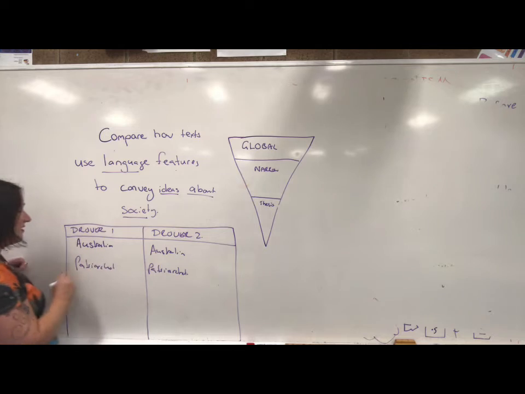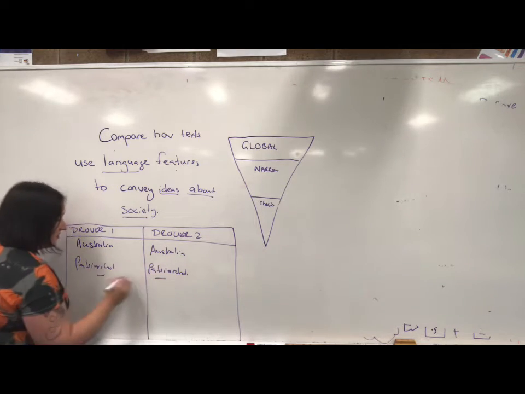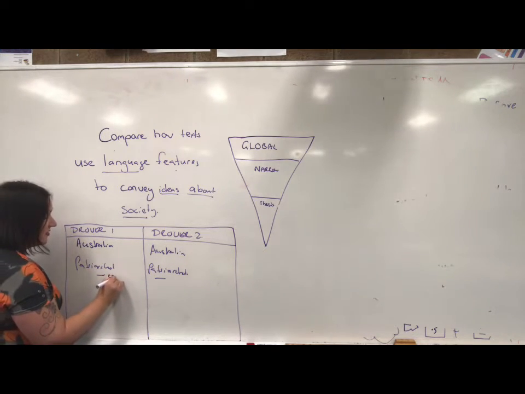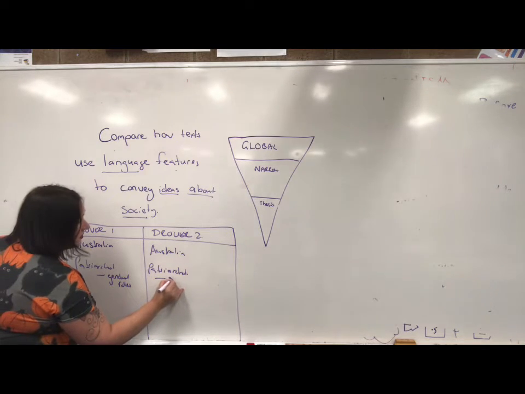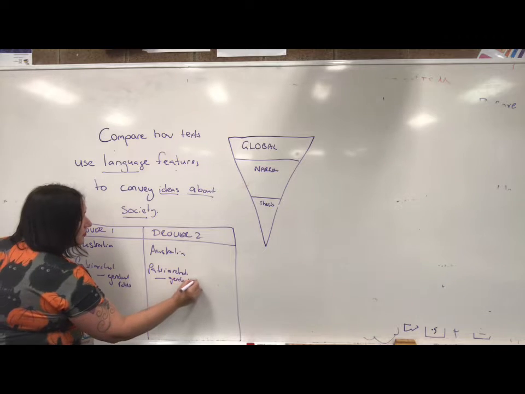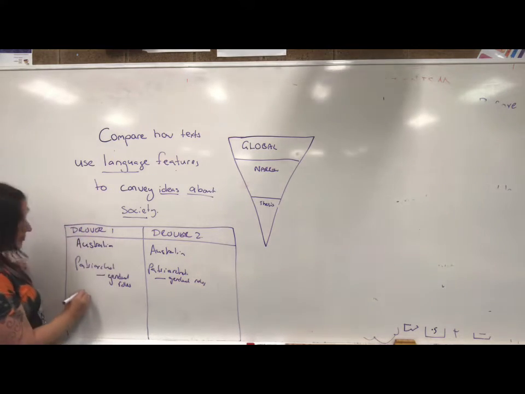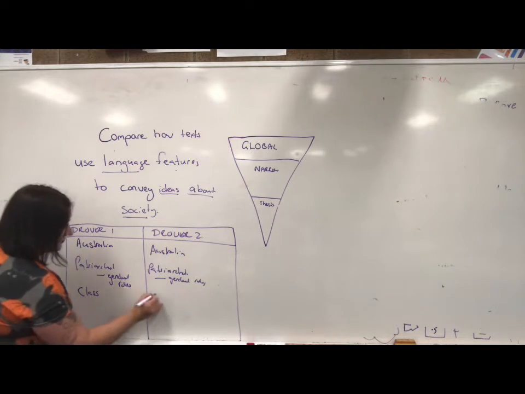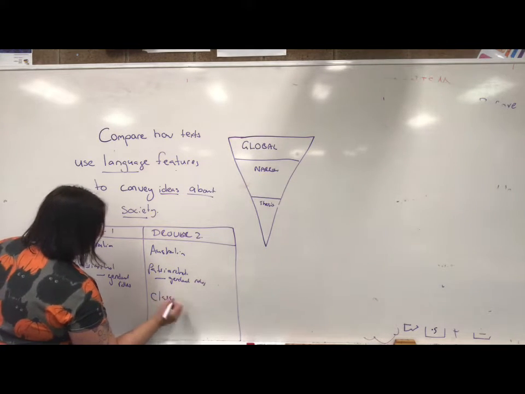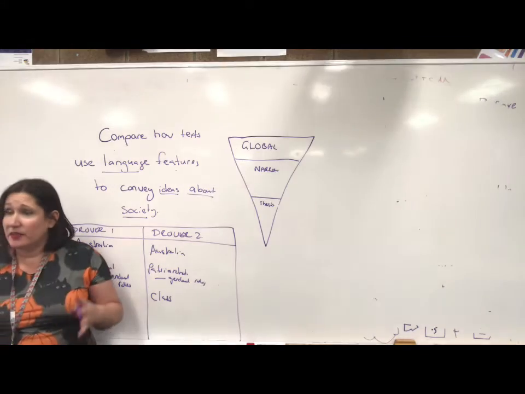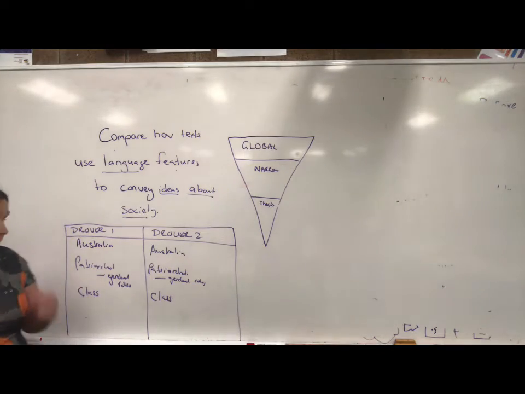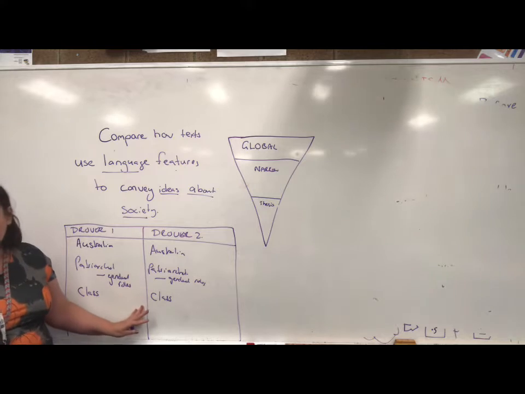If you find that difficult to spell, you could just simply say gendered roles. They both have some issues to do with class. There's actually quite a lot that's quite similar between these 2 texts in terms of what society they're looking at.